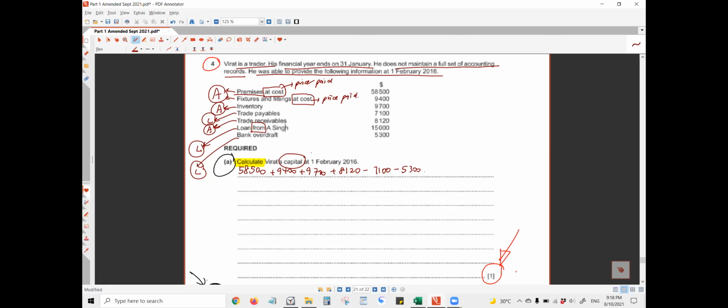And then minus all the liabilities. Okay, so this is what you should be showing. Then you do the calculation, show the final answer to the rightmost.